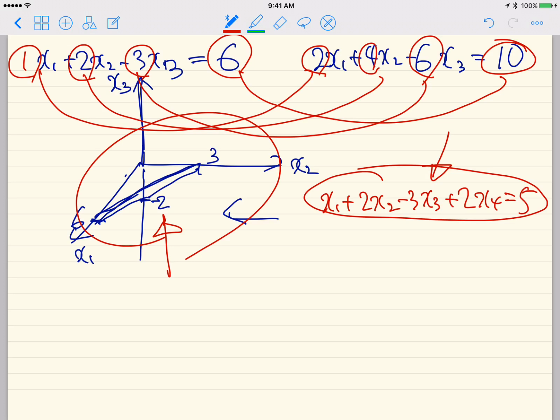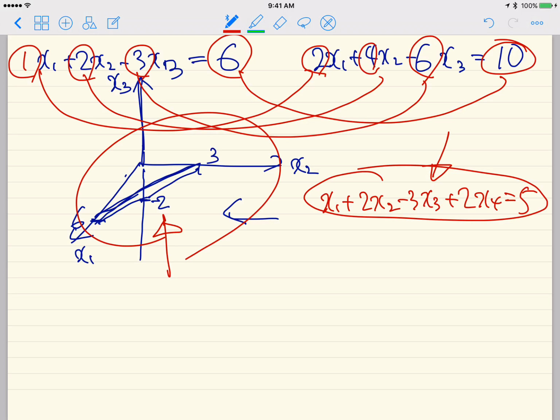If you remember the equation for a plane in the three-dimensional case, we learned about the normal vector. In the mathematical world, normal means perpendicular, having a 90-degree angle. So that is a normal vector.